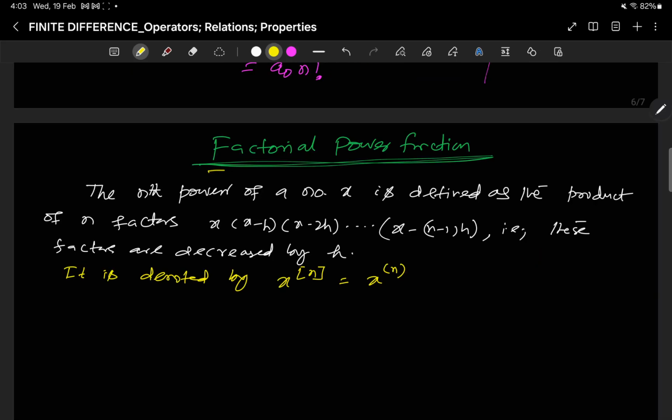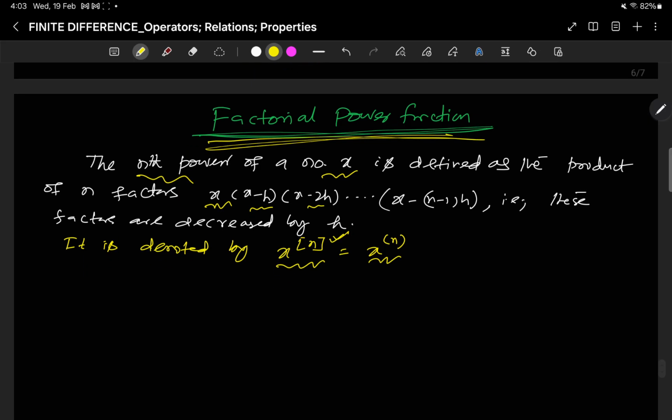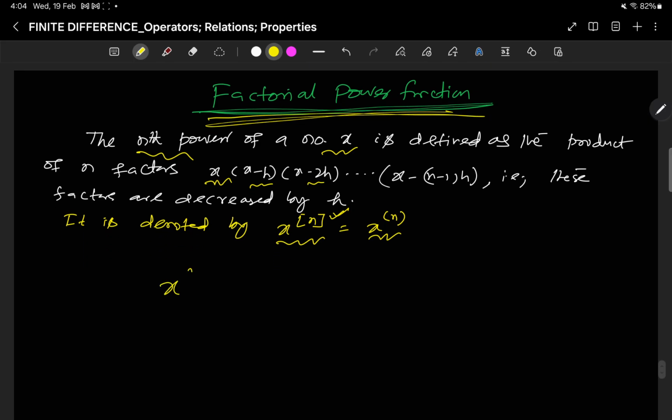Now the factorial power function. You see the nth power of a number x, we denote it x to the n like this, or this means it is the product of n factors decreased by your h. Means I can write it here x nth factorial power. We read it factorial power, right?